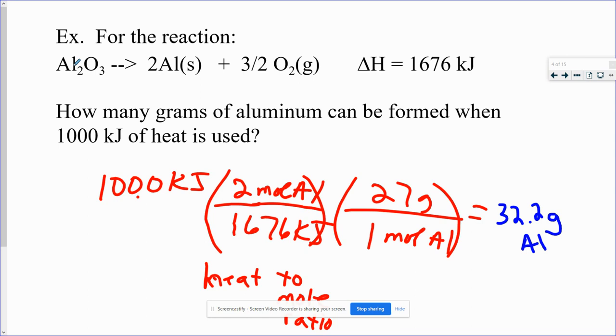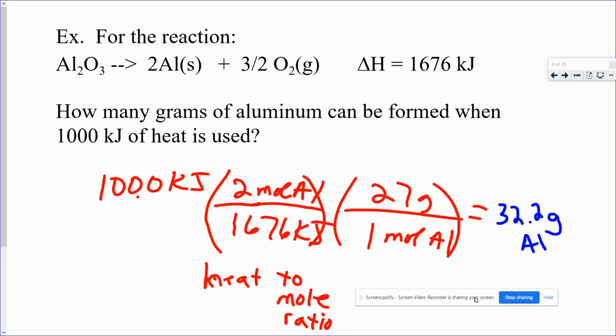My question is, how many grams of aluminum can be formed when 1,000 kilojoules of heat is used? So I'm given an amount of energy. That's what I'm going to start with. And my conversion factor, my mole to heat ratio or heat to mole ratio, comes from this equation here.